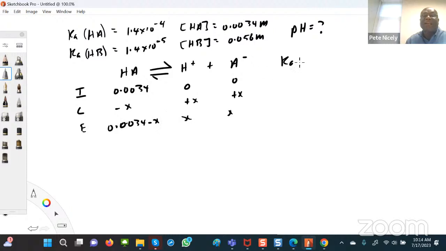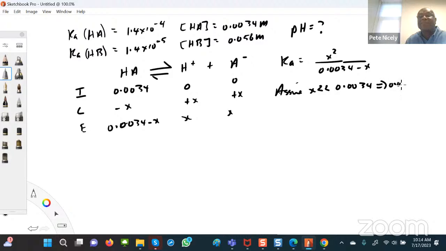So that means that Ka will be equal to X squared over 0.0034 minus X. Again, we're going to assume that X is much less than 0.0034, which implies that 0.0034 minus X is approximately 0.0034. So therefore, Ka will be equal to X squared over 0.0034.